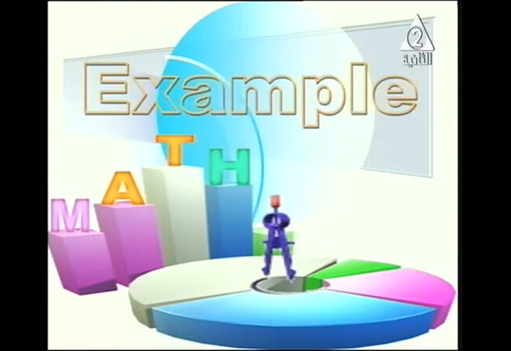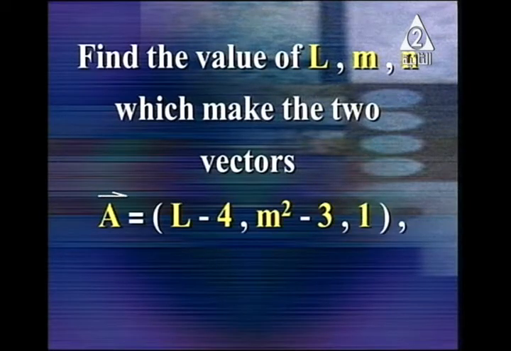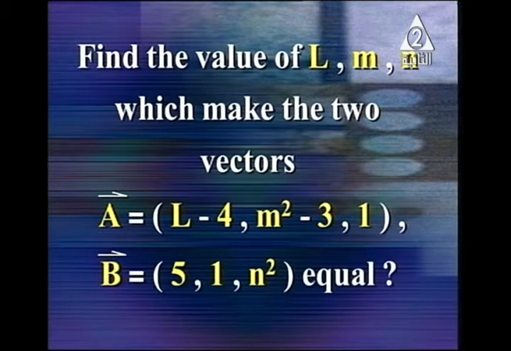Example. Find the value of L, M, and N which make the two vectors A vector (L minus 4, M square minus 3, 1) and B vector (5, 1, N square) equal.